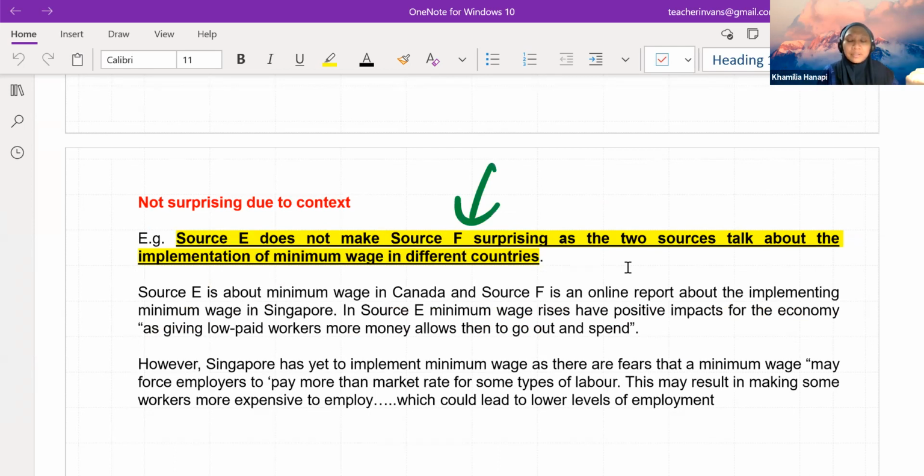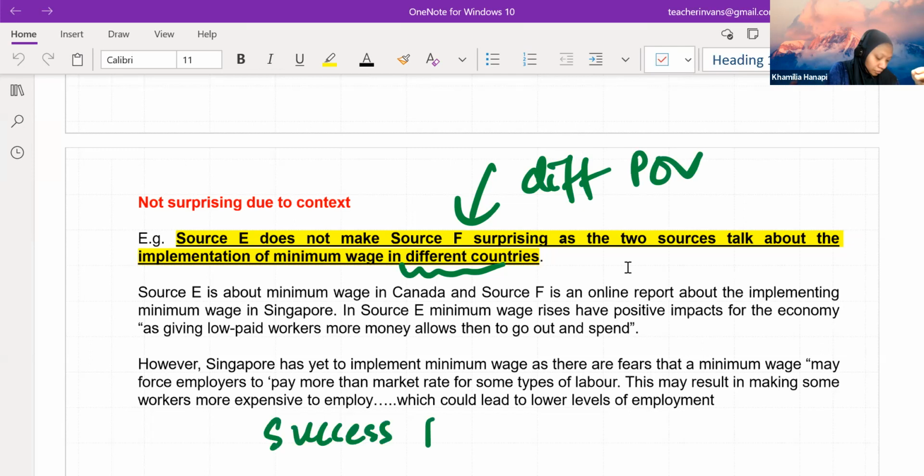Remember what we talked about earlier, this one is in 2009, that one is in 2003, this one is in 2011, the difference in time frame. So this is the difference in countries. So it is not surprising that they have different points of view. They are from two different countries and the success rate would be different.